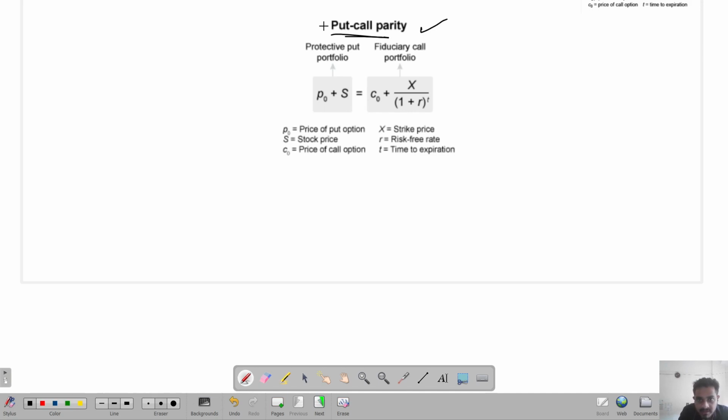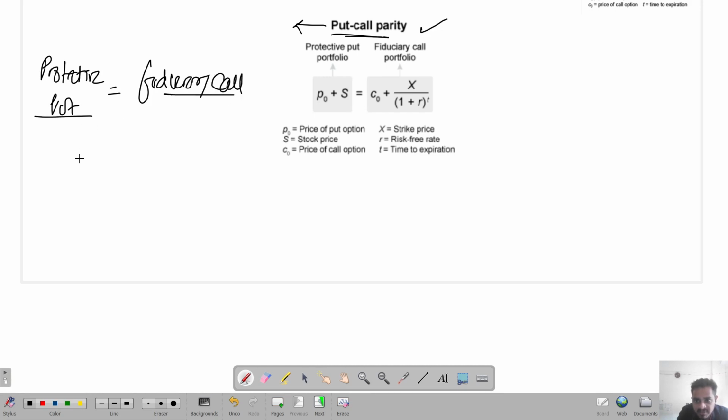Put call parity, under the law of no arbitrage, states that a protective put is the same as a fiduciary call.